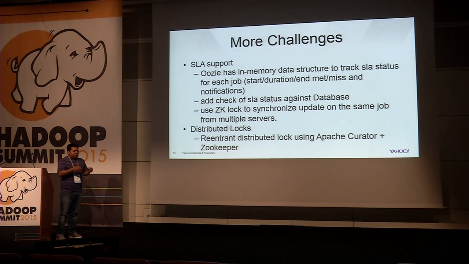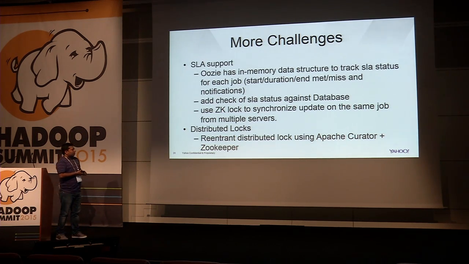So every time we try to process SLA information, we check the SLA status across the DB, and if it has already been processed, we remove it from the database.